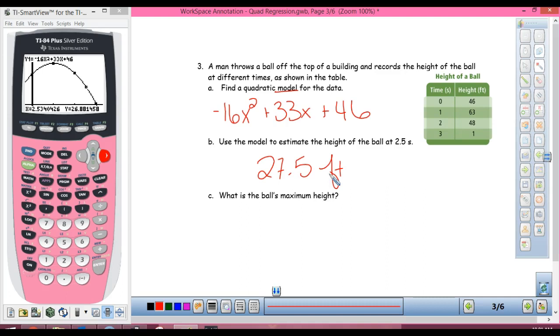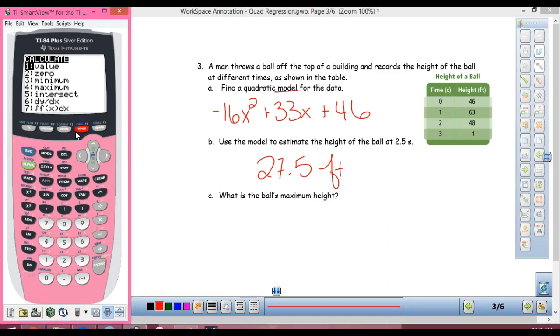Okay, how about our maximum height? Okay, so if we want to find it exact, good call. If we want to find it exact, we're hitting second trace. What am I calculating? Forward is my max. Left bound, we got to get to the left side. Enter.